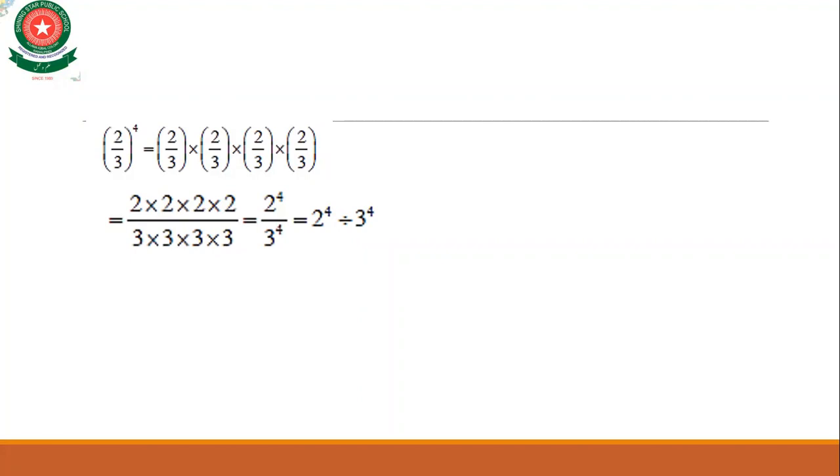Same as 3 power 4 means we have to multiply 3 with itself 4 times. So 2 power 4 divided by 3 power 4 is equal to (2 over 3) power 4. So these are the two ways through which we can solve when we divide the two fractions.